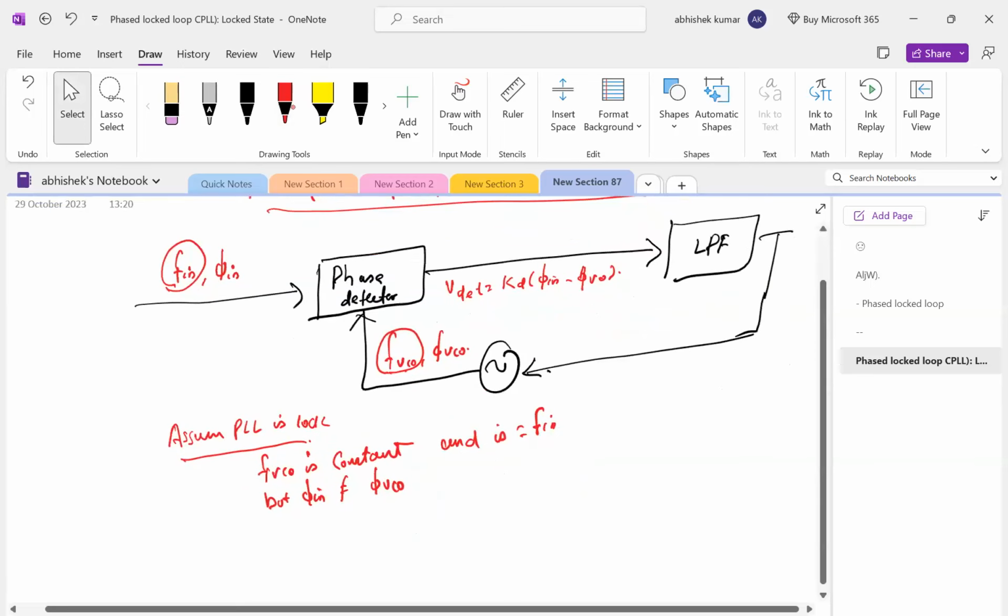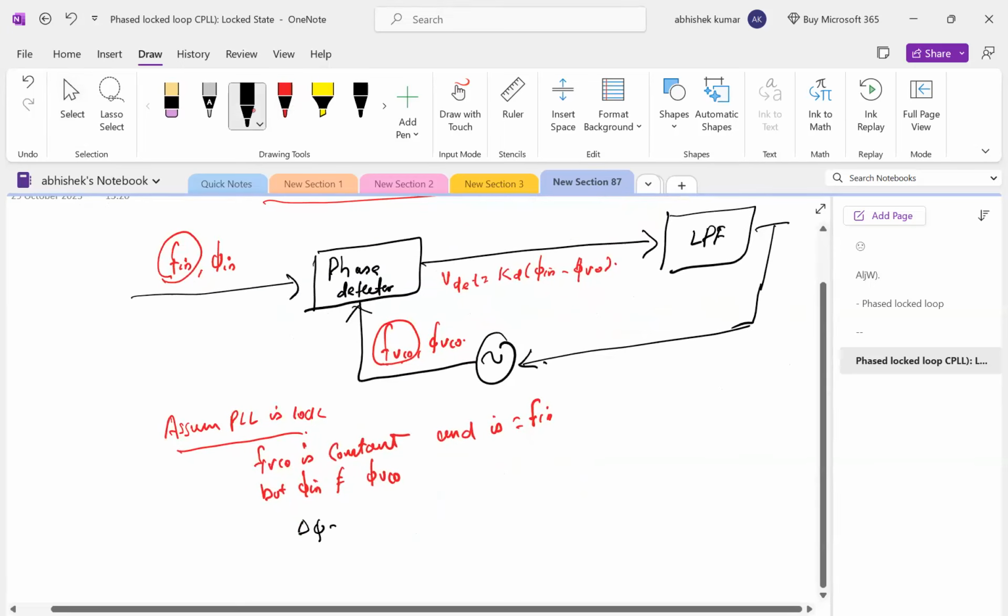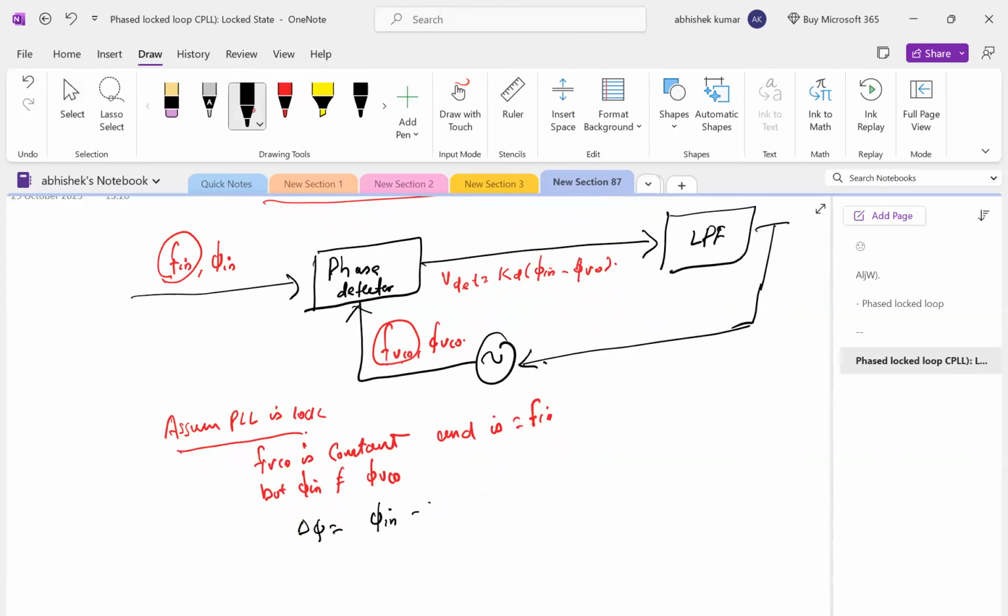So we will have a phase difference, φ_in minus φ_VCO, but this phase difference is constant, and hence V difference is constant.